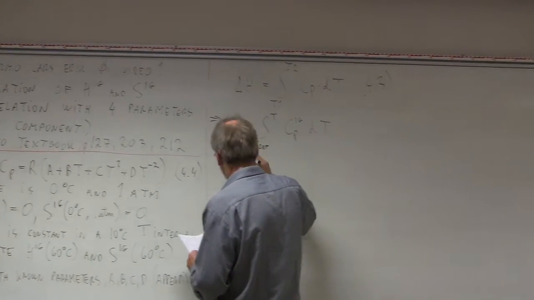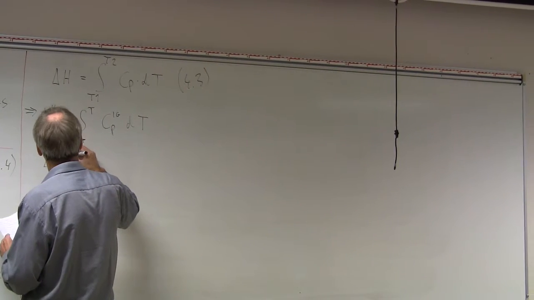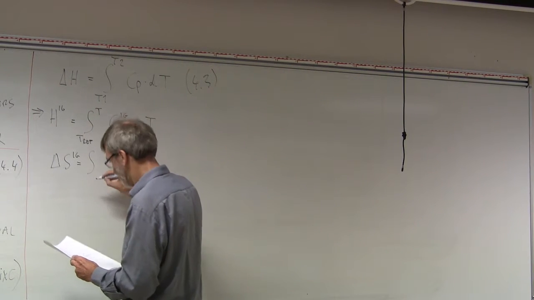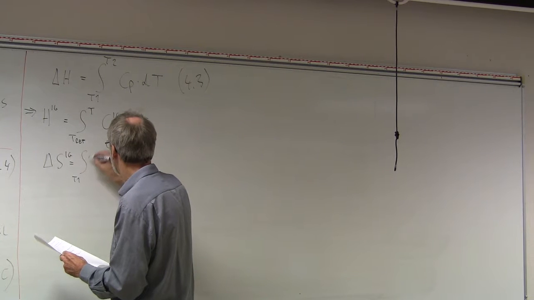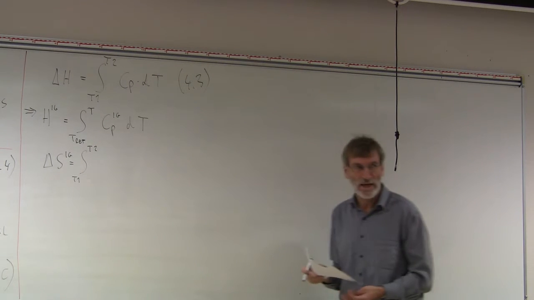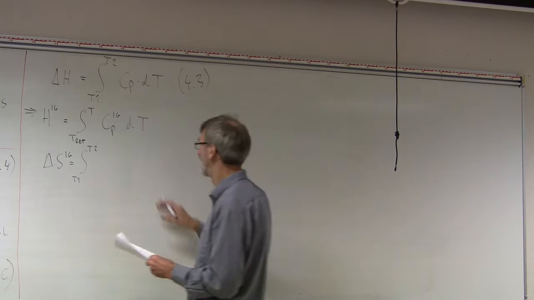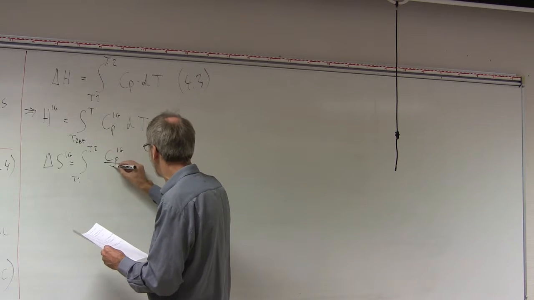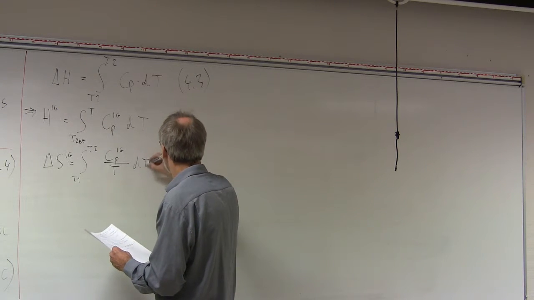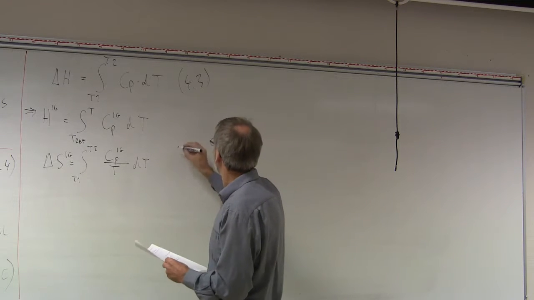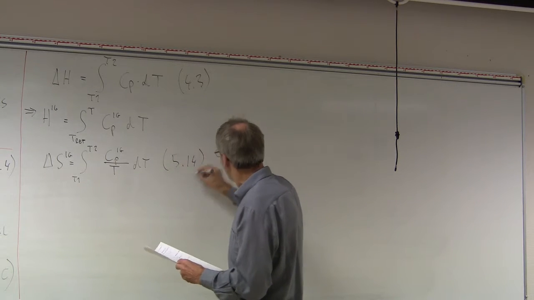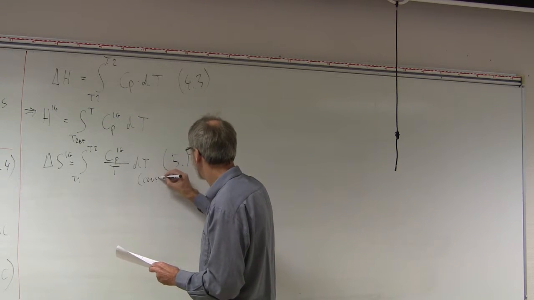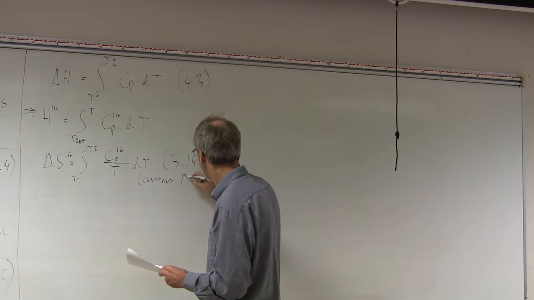Then we have a similar equation for delta S ideal gas. The change in entropy is the integral between the temperatures of ideal gas Cp over T dT. This is equation 5.14, and it's valid for constant pressure.